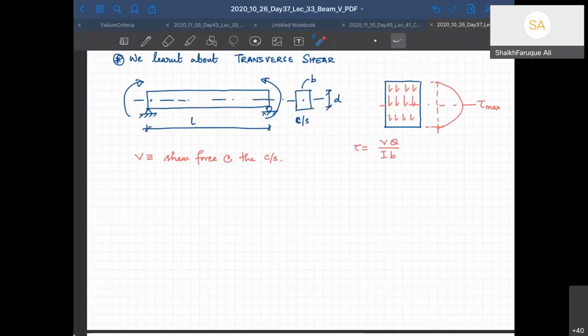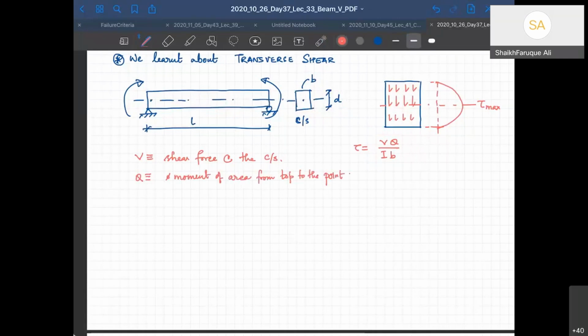The amplitude is given by tau equal to VQ by IB, where V is the shear force at the cross section of your choice. Q is the first moment of area, from the top to the point where you want to find your shear stress.